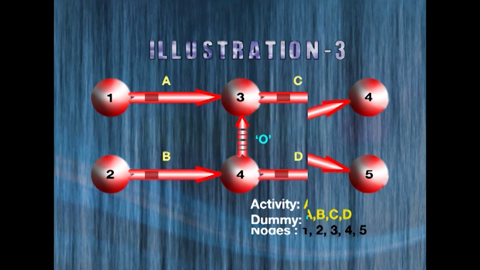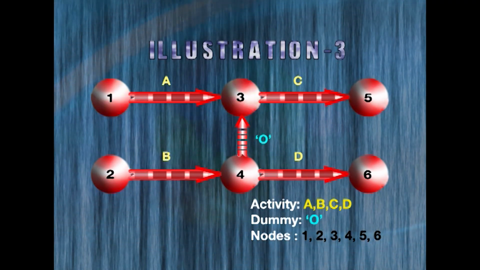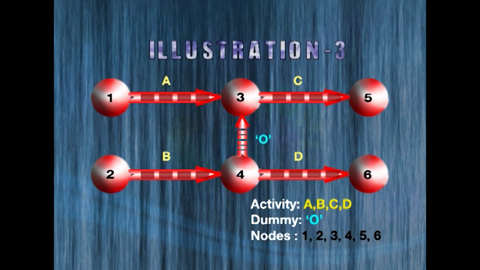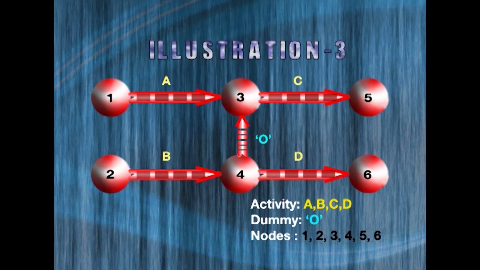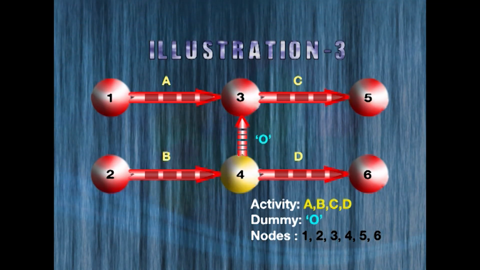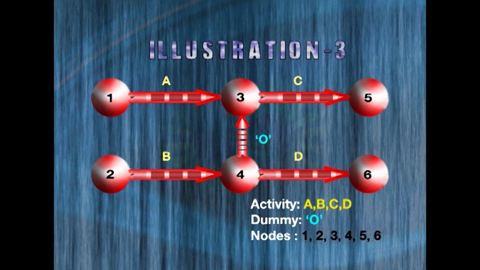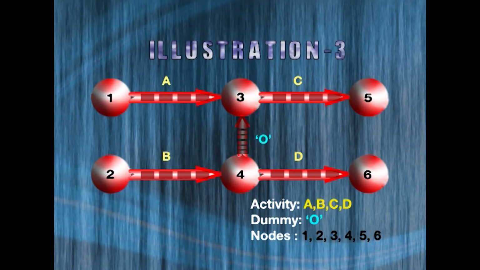Look at this network. Here, let's denote activity A as 1 to 3, and then B runs from 2 to 4, in parallel. Activity C starts from node 3, ends in node 5. Activity D starts in node 4, ends in node 6. And we connect 4 to 3 with the help of what is called a dummy activity.